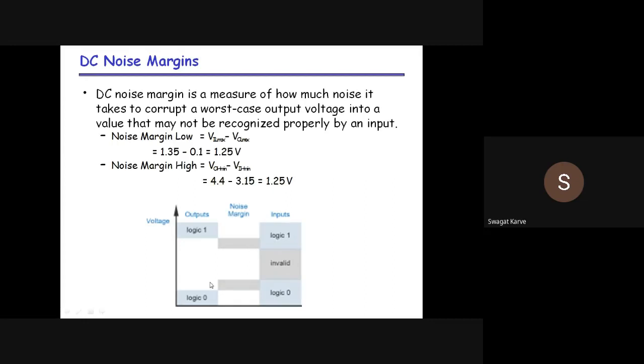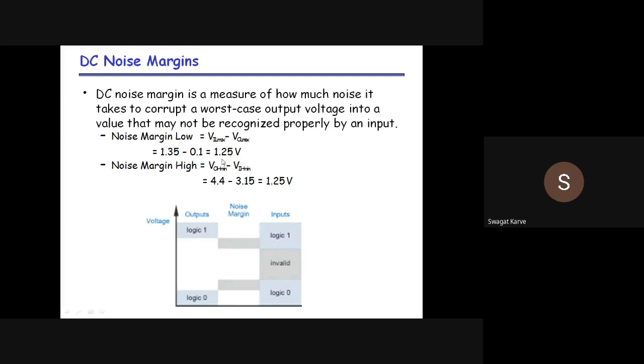Okay, so typically its value is 1.25 volt for the low noise margin level, and for the high noise margin level also its band is 1.25. But the voltage levels that you are considering will be different. For low noise margin, it can be 1.35 minus 0.1. That means the highest value is 1.35 and the lowest value can be 0.1, right?